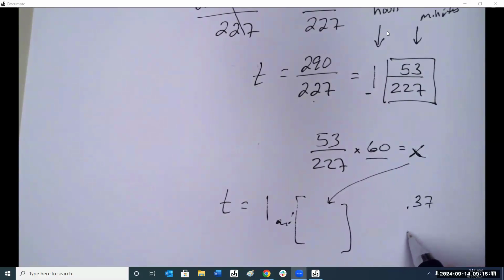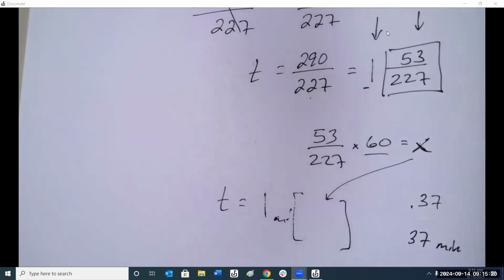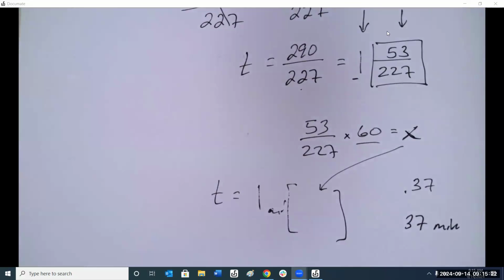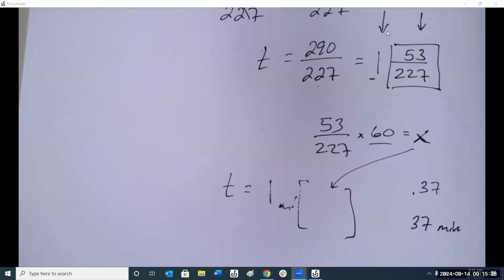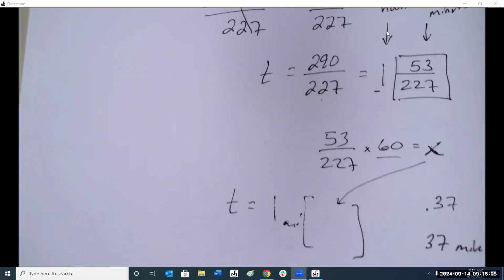What that means is 37 hundredths of an hour. All right, so that's motion problems. Same equation anytime you deal with anything that moves.